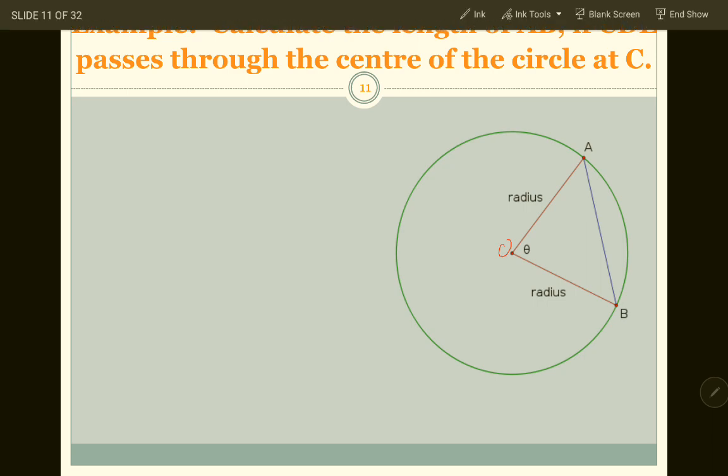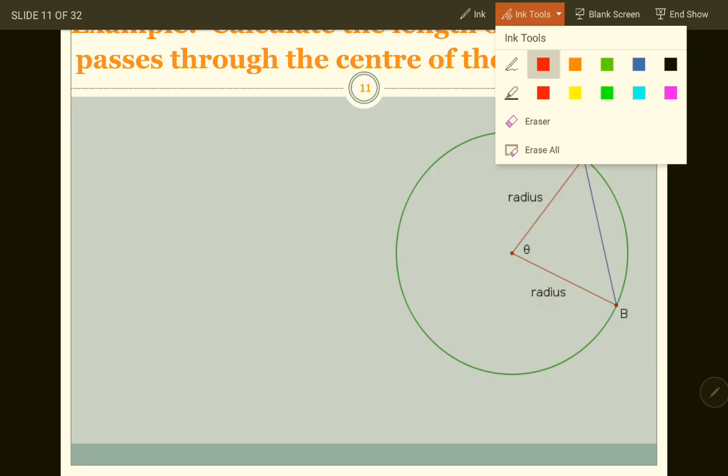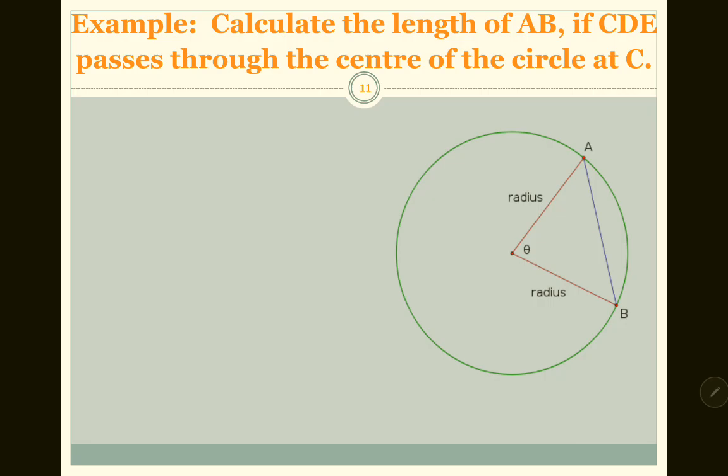Okay, let me wipe that out just so I don't mess up anything there. Okay, back with colors. There we go. So we're going to draw a line C, D, E, passing through center C.